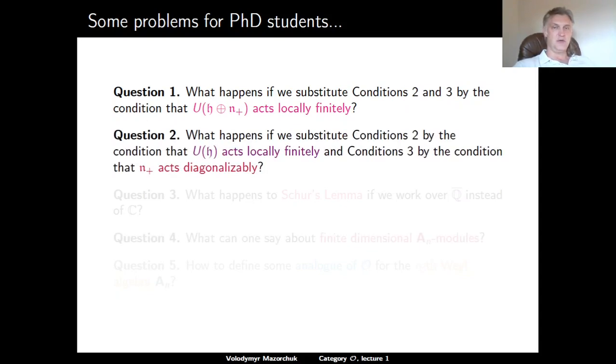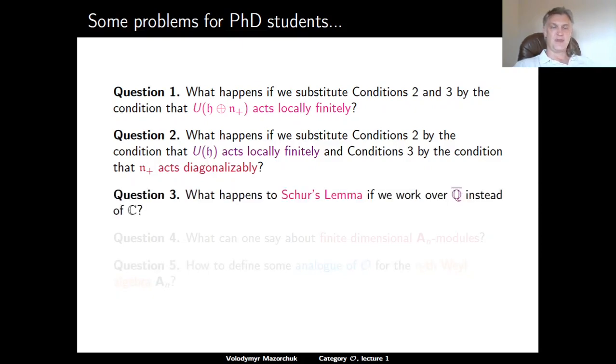Question number 2: it is also very interesting to think what happens if we change the content of conditions 2 and 3. If we require that U(h) acts locally finitely, while n plus acts diagonalizably.